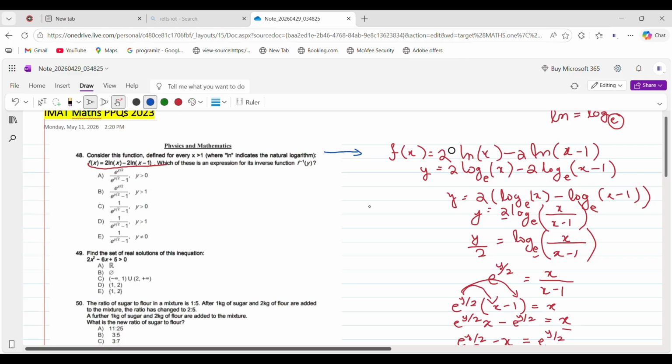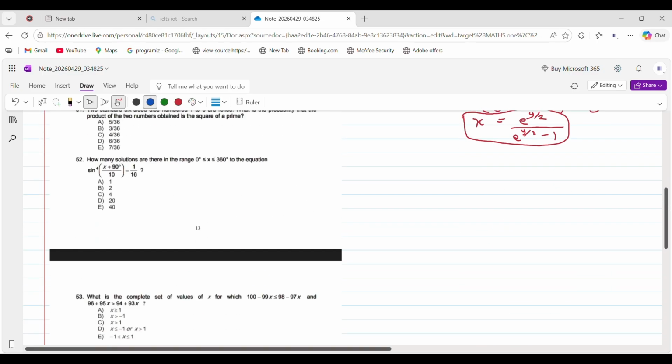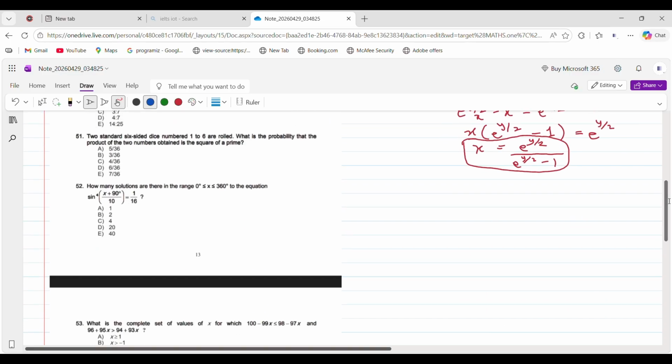If you read the question again, we are supposed to put x greater than 1, and initially we had the function f of x equals 2 ln x minus 2 ln (x minus 1).